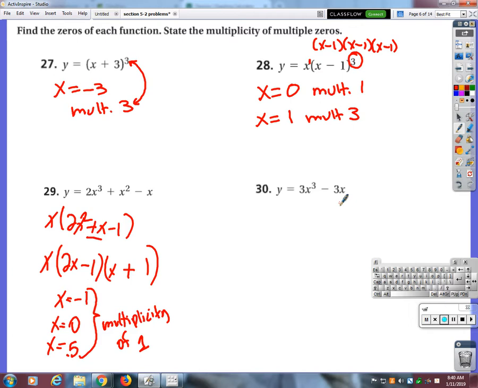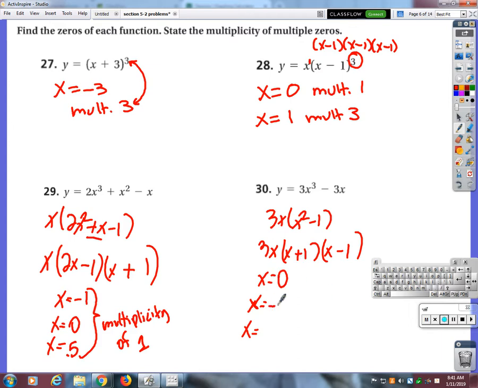Okay, what can you factor out of here? A 3x. And that leaves you with x squared minus 1. What does x squared minus 1 factor into? Good, x plus 1 and x minus 1. So this one factored into 3 pieces. So we're going to have 3 zeros again. What are they? 0 for this guy, negative 1 and 1.